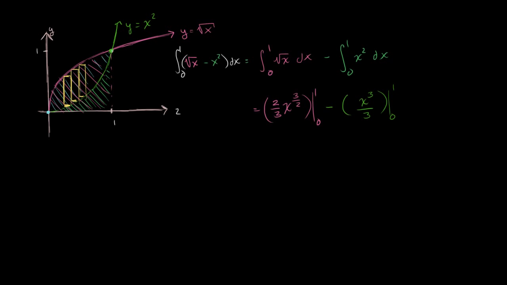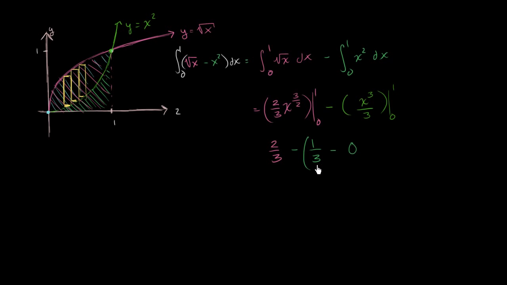Now, this first expression, if we evaluate it at 1, 2/3 times 1 to the 3/2, that's just going to be 2/3. And then from that, we're going to subtract this thing evaluated at 0, which is just 0. So we're just left with 2/3. And then we're going to subtract this thing evaluated at 1, minus 1/3, and then from that it evaluated at 0, which is just 0.